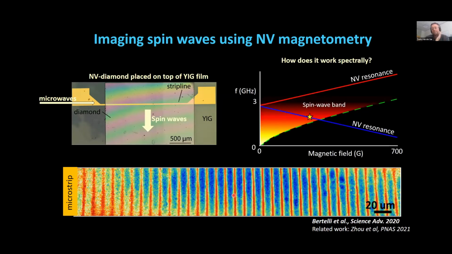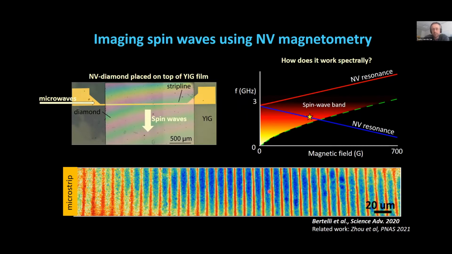And again, to provide a little bit more insight into how this works spectrally, I plotted here again the NV detection frequencies. Those are the ESR frequencies, these blue and red lines, and in the background you can see a sketch of the spin wave band, where the green line is the ferromagnetic resonance, and above the ferromagnetic resonance you are exciting finite wavelength spin waves.